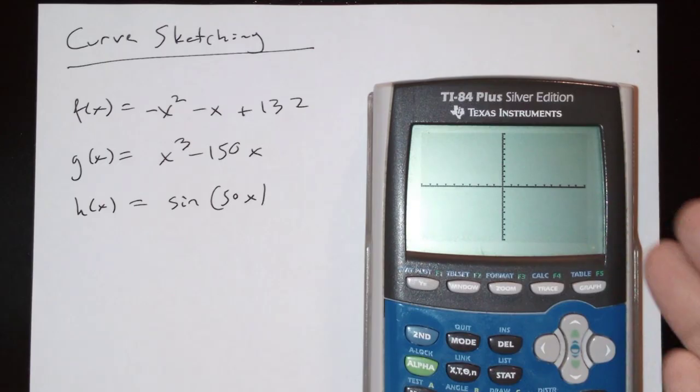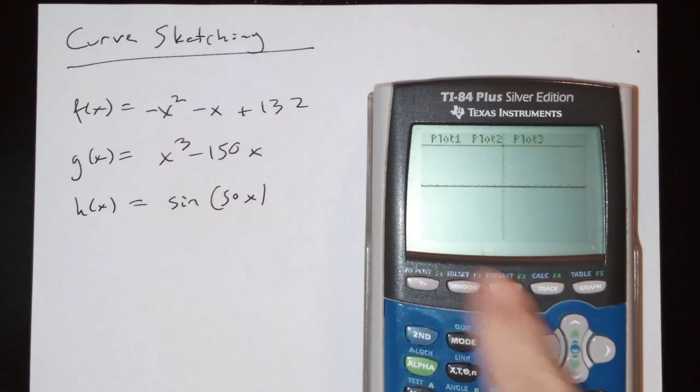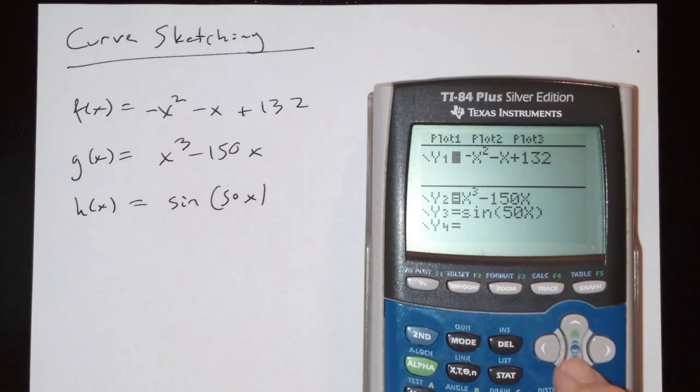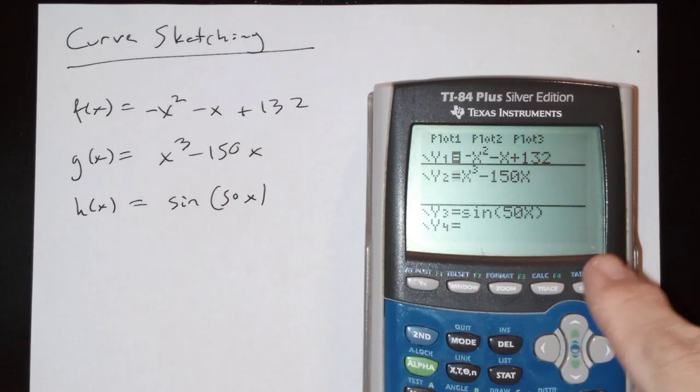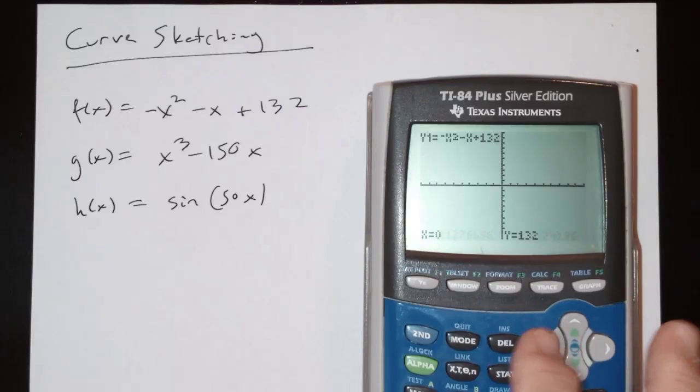But what's going on here? That's the graph of f of x. It's drawn it. If I hit the trace button, it's got points. What's the problem here?